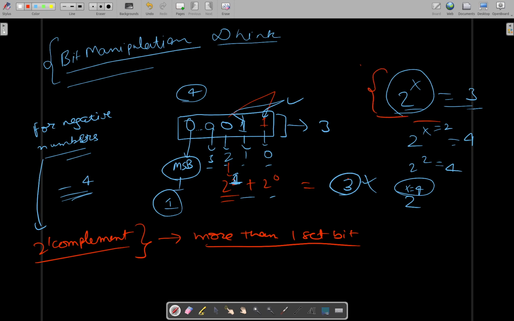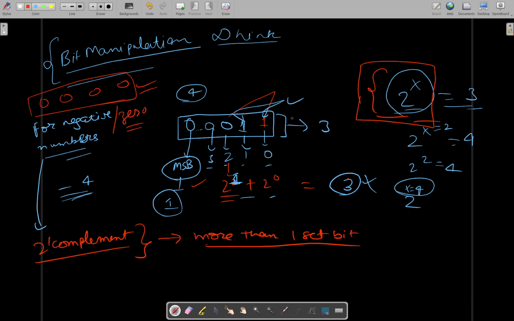In a negative number, if we go for the simple binary representation, then the most significant bit will be set, so we need not check about that. And for 0 also, there will be no bit set, so this will not be a power of 2 at all. So we'll be ignoring negative numbers and 0.